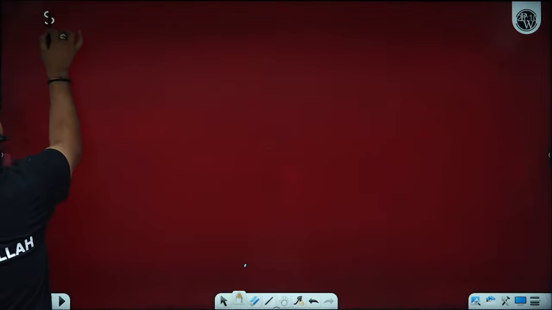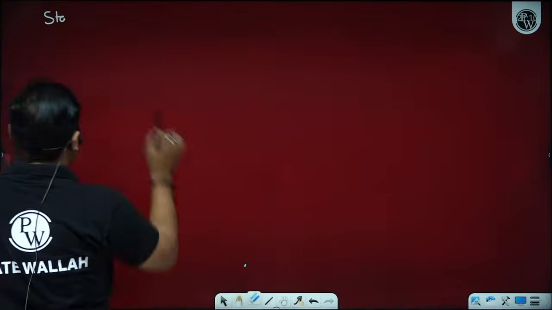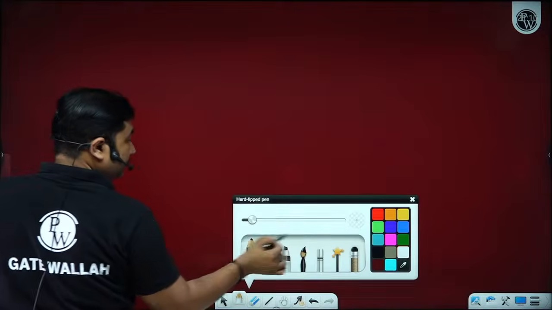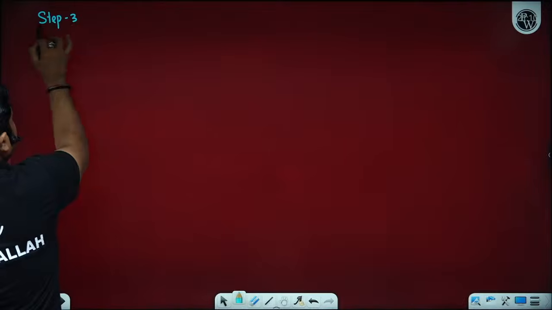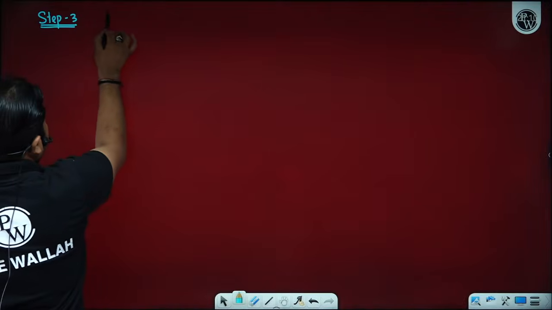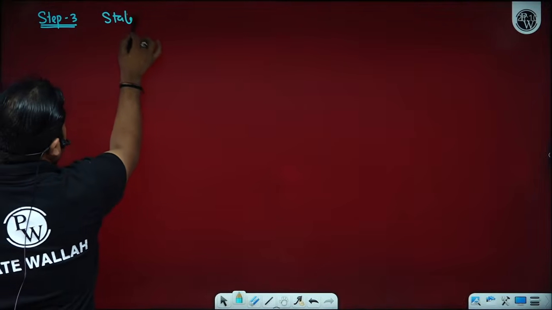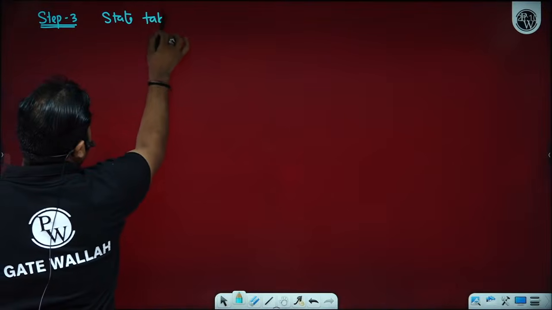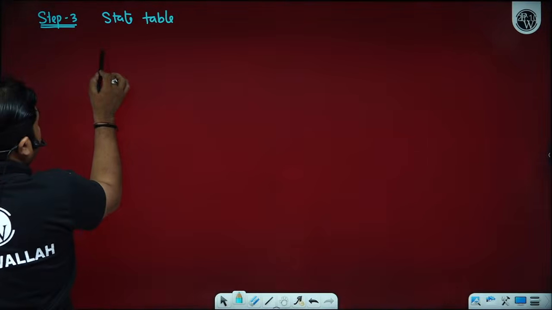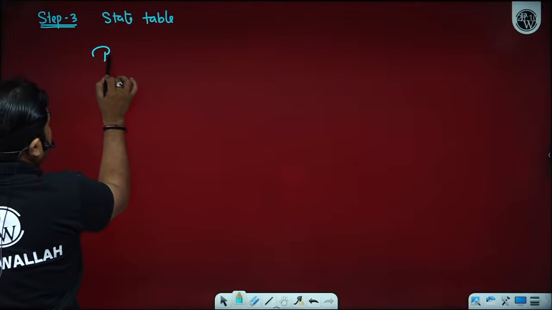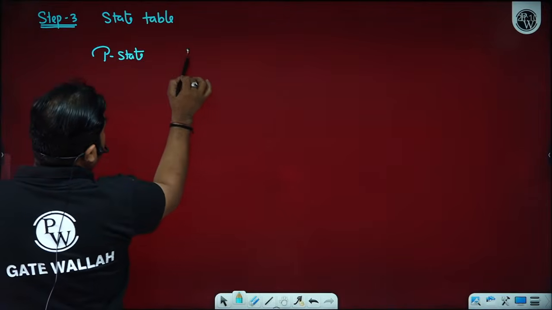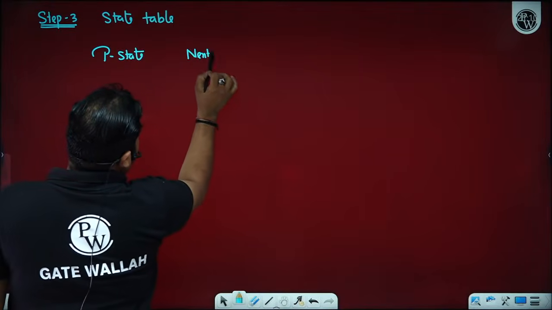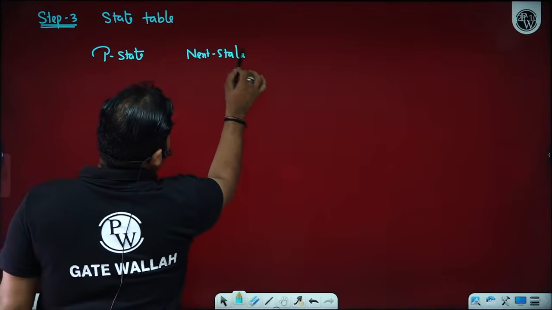Step number 3, please observe. Step 3, state table. Now how to construct a state table? In a state table we have the present state, then the next state logic.